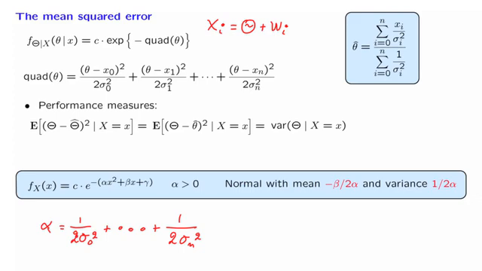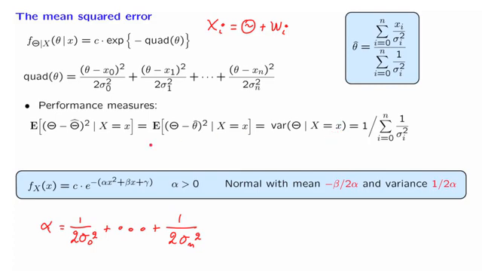Now we take this factor of 2, move it to the other side, so we know what 2 times alpha is, and then we need to take the inverse of that so as to obtain 1 over 2 alpha. And what we obtain is that 1 over 2 alpha, when alpha is given by this expression, is equal to this expression here. And so we have found the conditional variance, the variance of the posterior distribution of theta given the data that we have available in our hands.